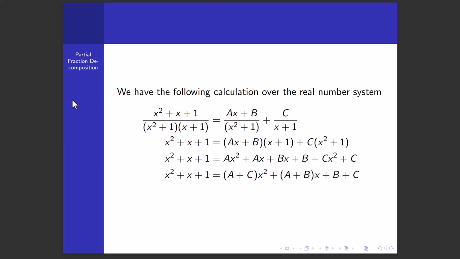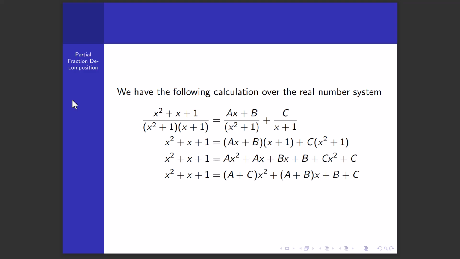So we have the following calculation over the real number system. We have an irreducible quadratic, x squared plus 1, so we're going to give that a linear structure in its numerator, ax plus b. And then we have a distinct linear factor, x plus 1, and we're going to give that a constant structure on its numerator, represented by c.